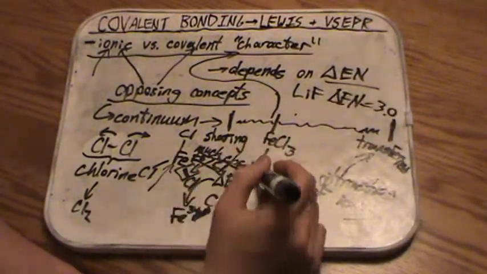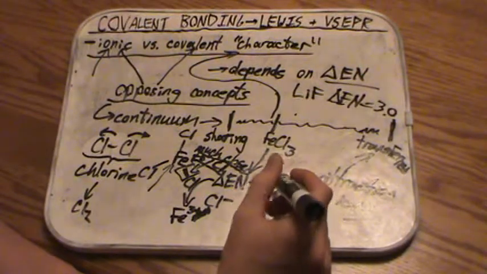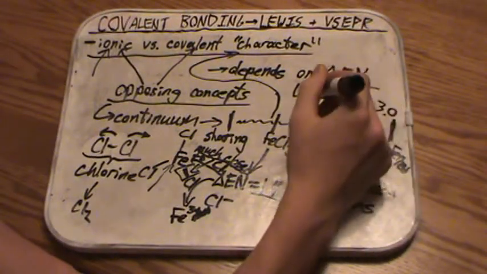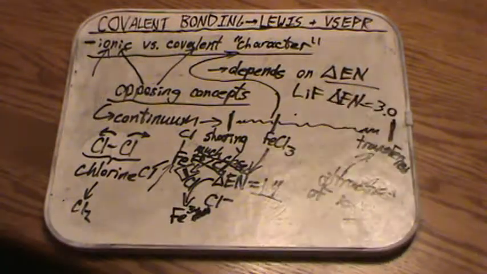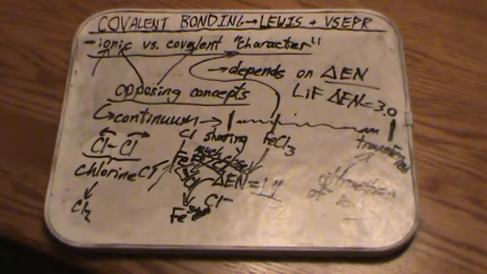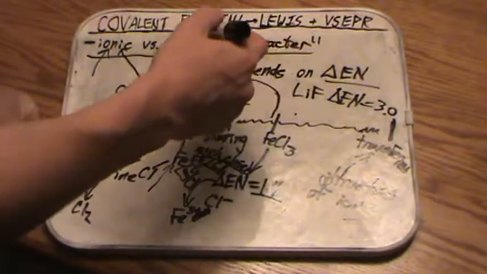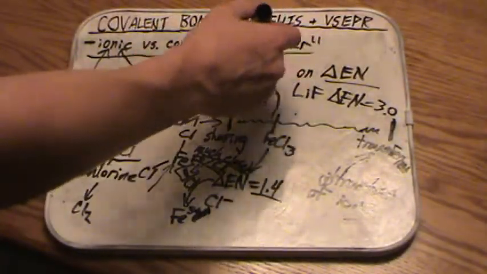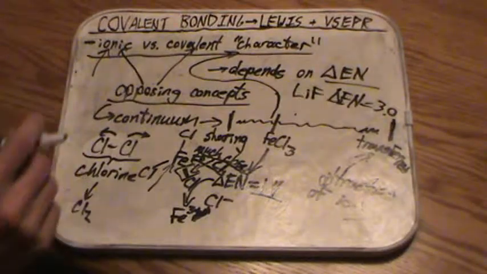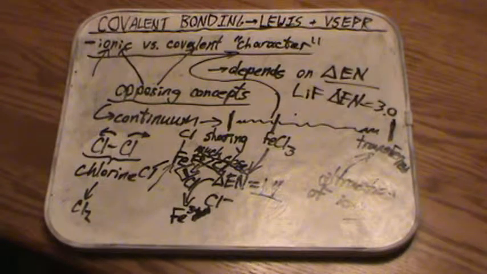The FeCl3 molecule is relatively less ionic than the molecule LiF. And so what we're seeing here is that as delta EN increases, the molecule takes on a greater ionic character than a covalent character.